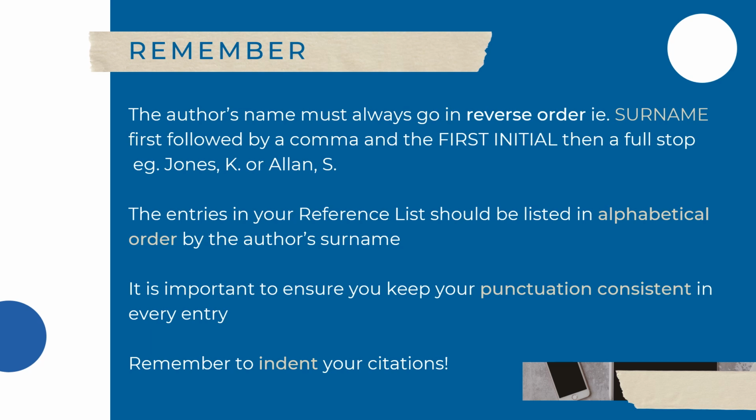If you have an organisation whose name begins with the or a, you should ignore this for filing purposes. So for example, the Royal College of Nursing would be filed under R for Royal and not T for the. It is also really important to make sure your punctuation is consistent throughout, as this makes up part of your marks in referencing. And please don't forget to indent your citations.